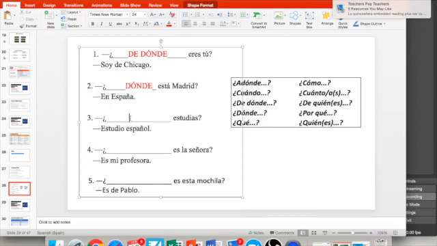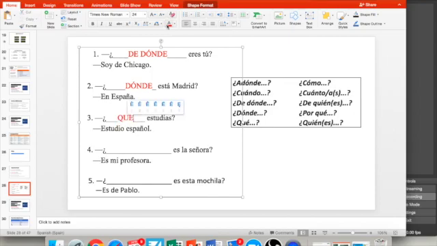And the person comes back and says, well, estudio español. So blank are you studying? And I study Spanish. So we're probably asking, what do you study? And if you sing your song, por qué, why, cuando, when, you should arrive at qué, what, dónde, where. So ¿qué estudias? What are you studying? Oh, I'm studying Spanish. Estudio español.